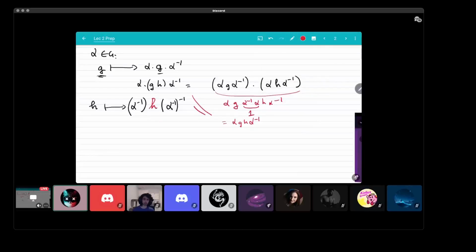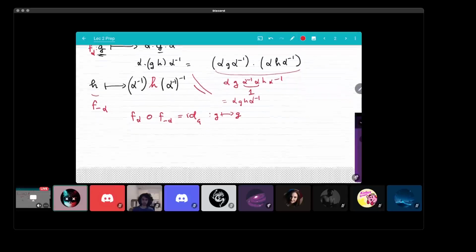Alright, and we can check that. Let's call this f alpha and this f minus alpha. We can check that f alpha composed with f minus alpha is the identity map on G that sends an element to itself.